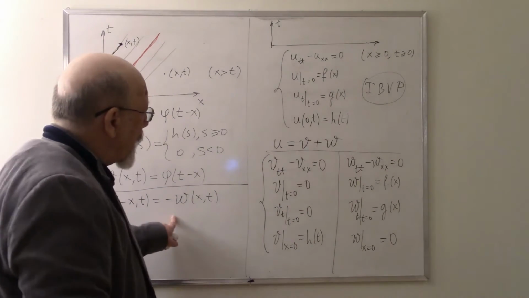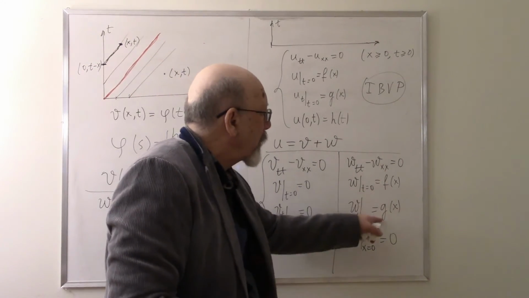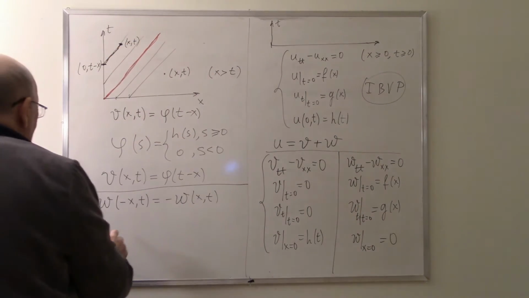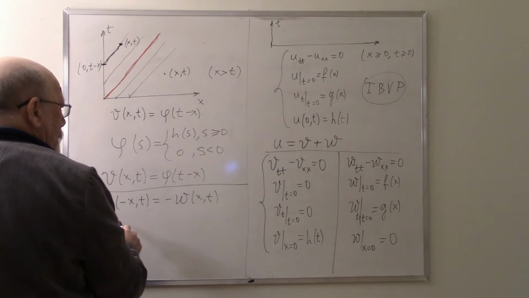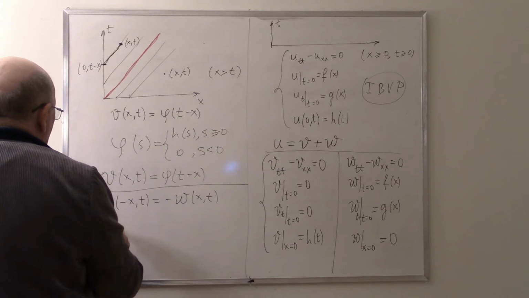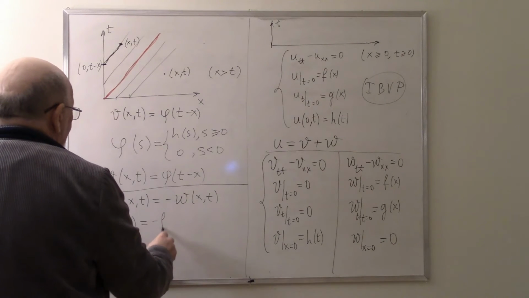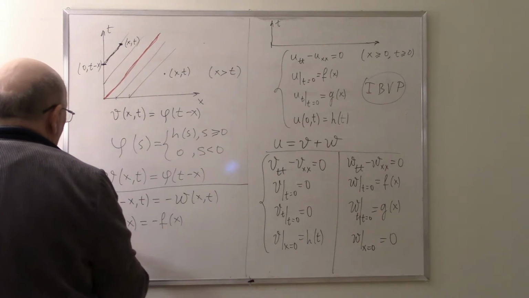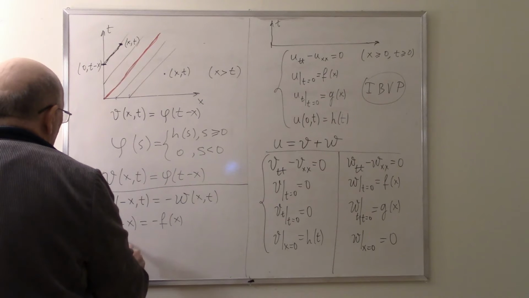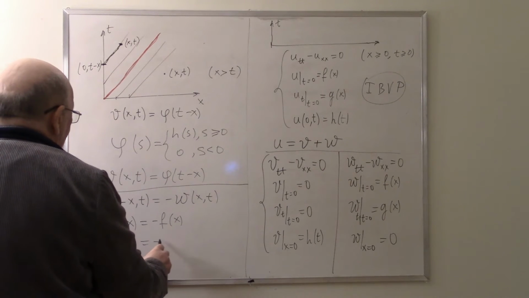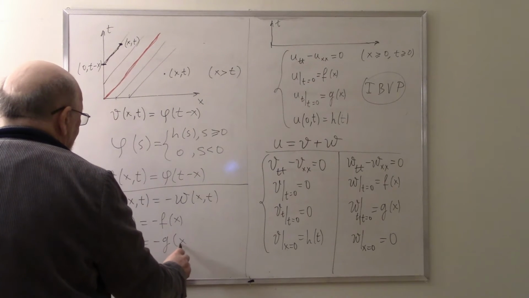To do it, we continue f and g as odd functions: f of minus x equals minus f of x, and g of minus x equals minus g of x.